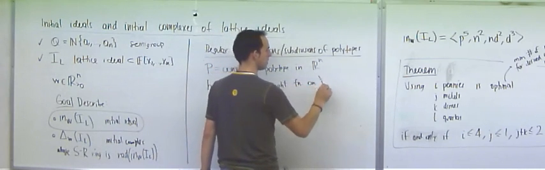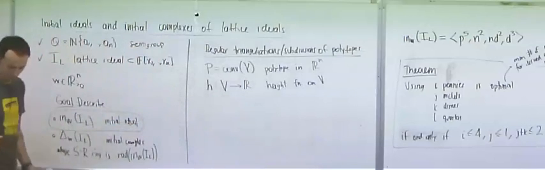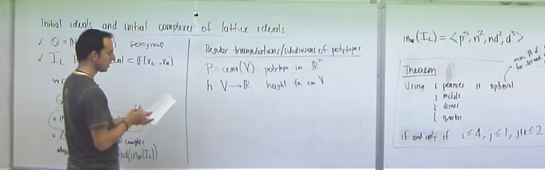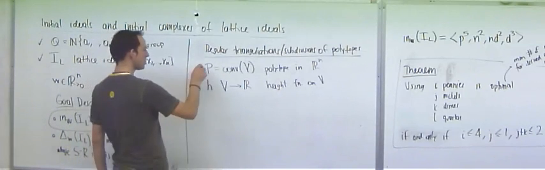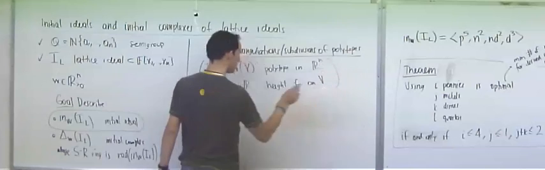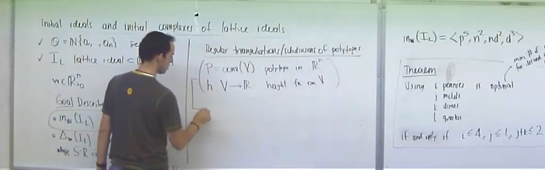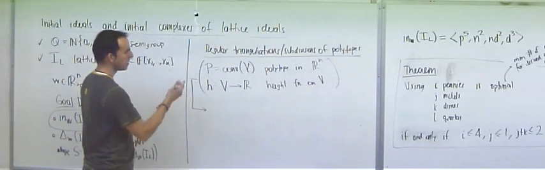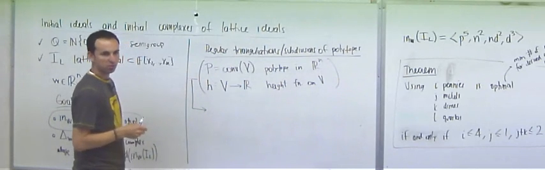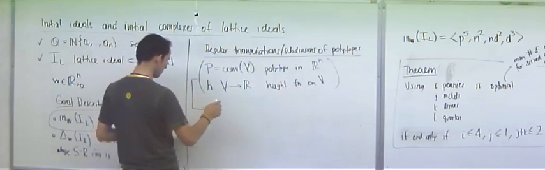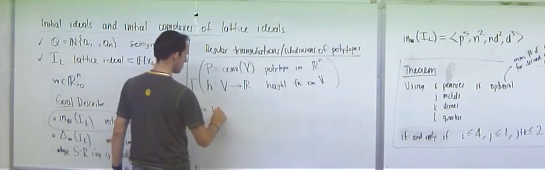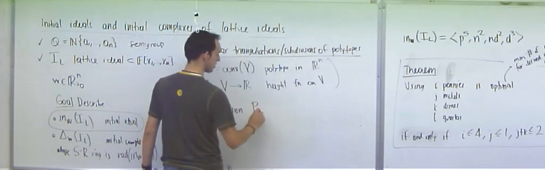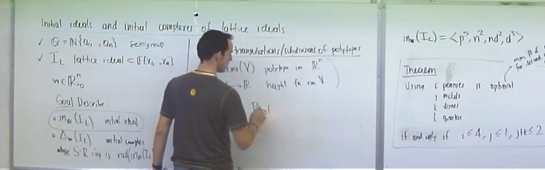Height function on V. So for each point in V, you specify a height. And then we're going to use this information to produce a way of cutting up the polytope P into smaller polytopes. So this is going to produce a subdivision P sub H of P. This is just my name for it.